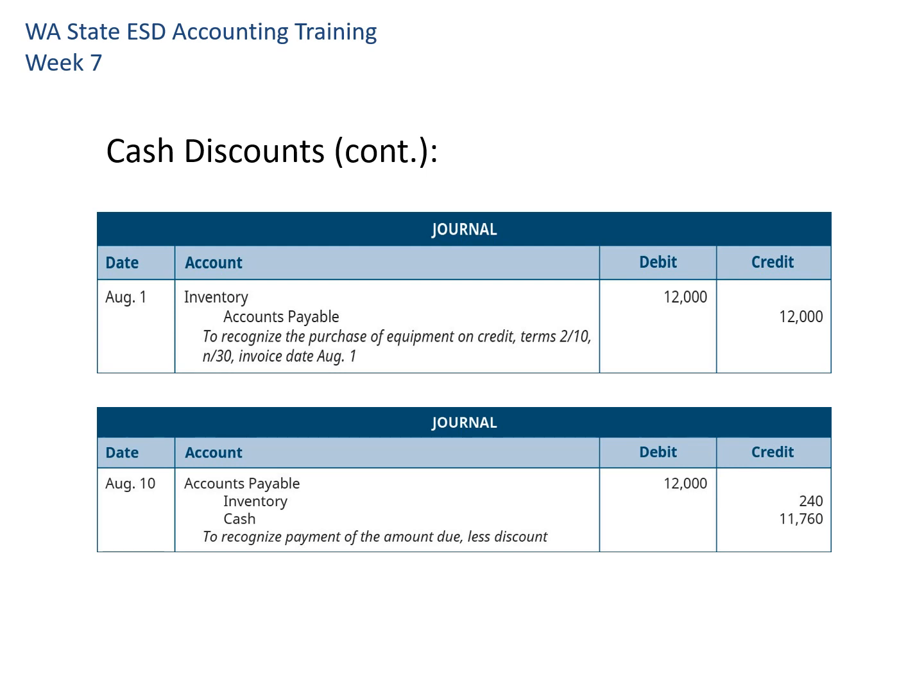So that will increase my profitability when that stuff becomes cost of goods sold when I sell it. And then I credit cash for the net amount I'm paying, in this case $11,760, because I can take that $240 discount. So please stop or pause the video at this point and do in-class practice number 1 for week 7 regarding entries for prompt payment discounts or cash discounts.